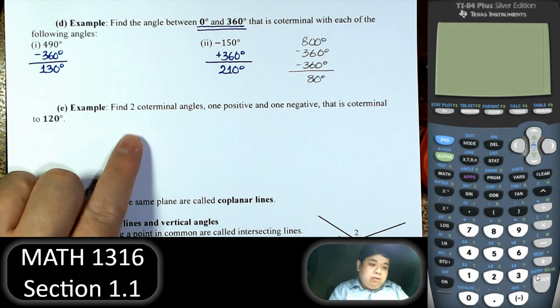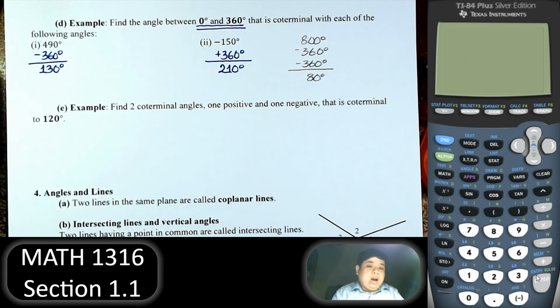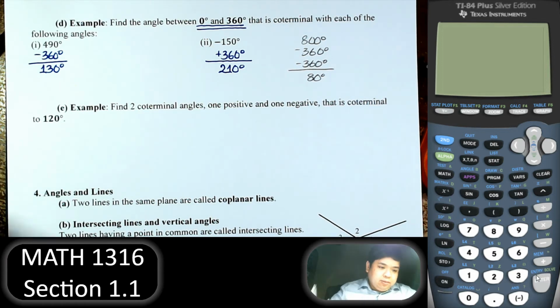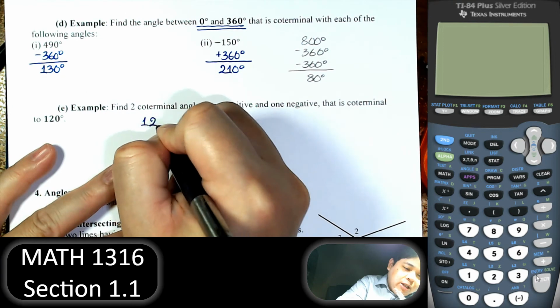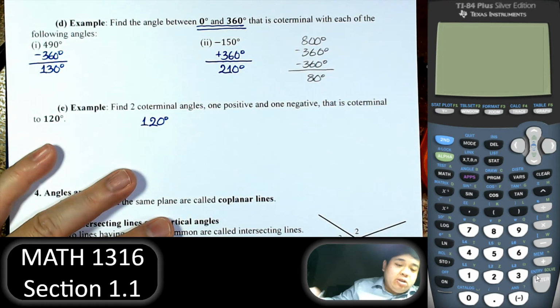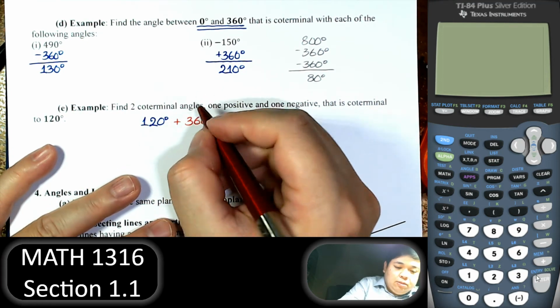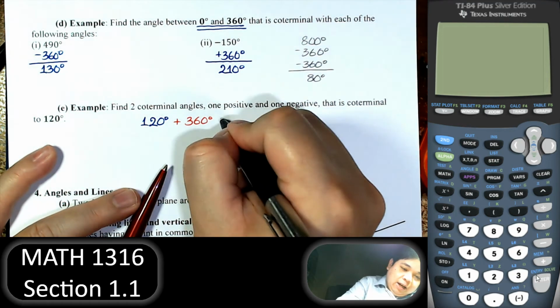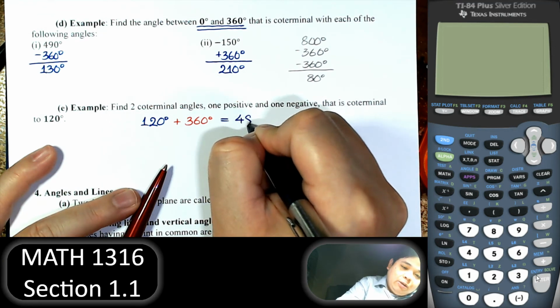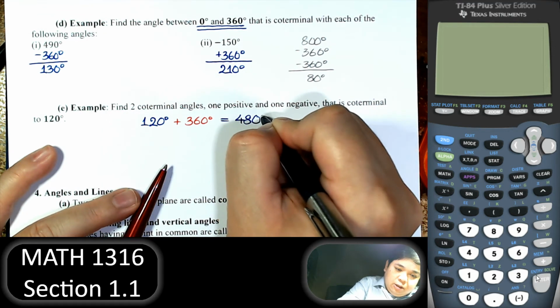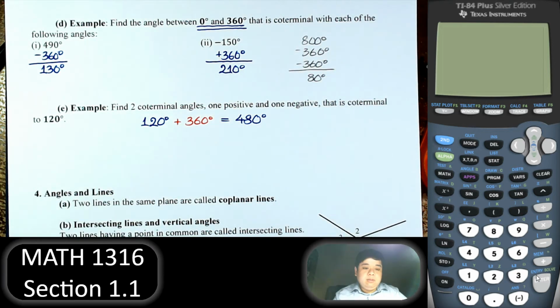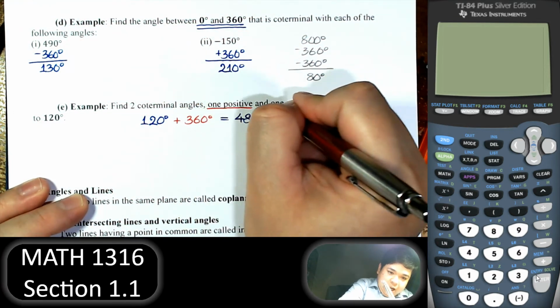Right, next, find two coterminal angles, one positive and one negative, that are coterminal to 120 degrees. So from 120 degrees, if we want coterminal angles, we can add 360 to it, and then we have 480 degrees. And we can keep adding 360 to it, but we want one positive and one negative.